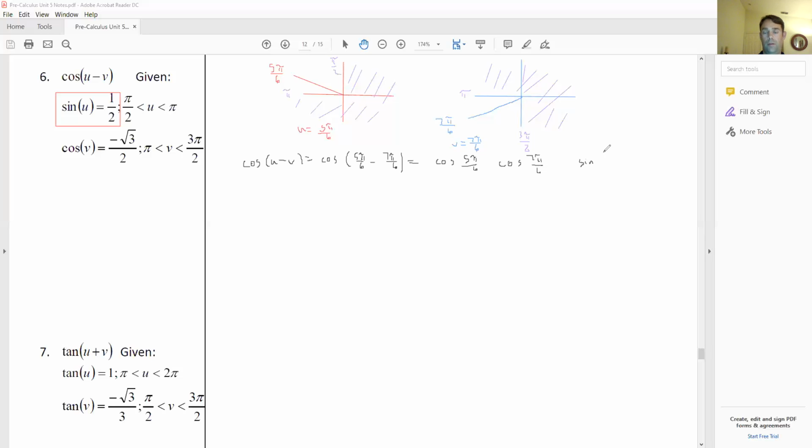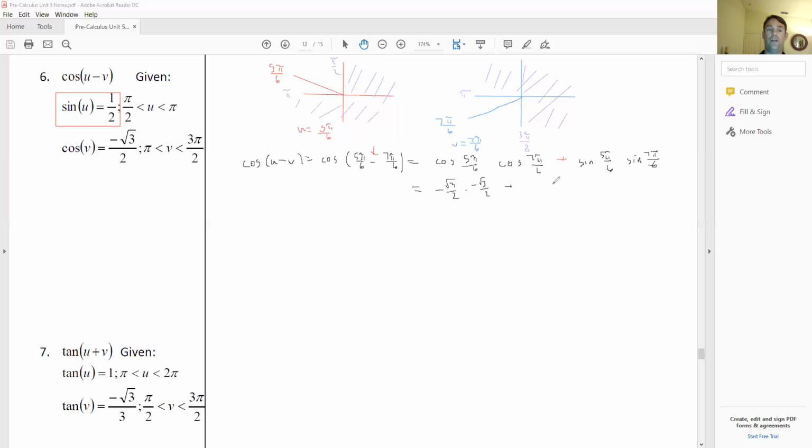Cosine, cosine, sine, sine. And since I'm dealing with a subtraction, that means this is going to be a plus. So cosine of 5 pi over 6, that would be a negative root 3 over 2. Cosine of 7 pi over 6 would also be negative root 3 over 2.